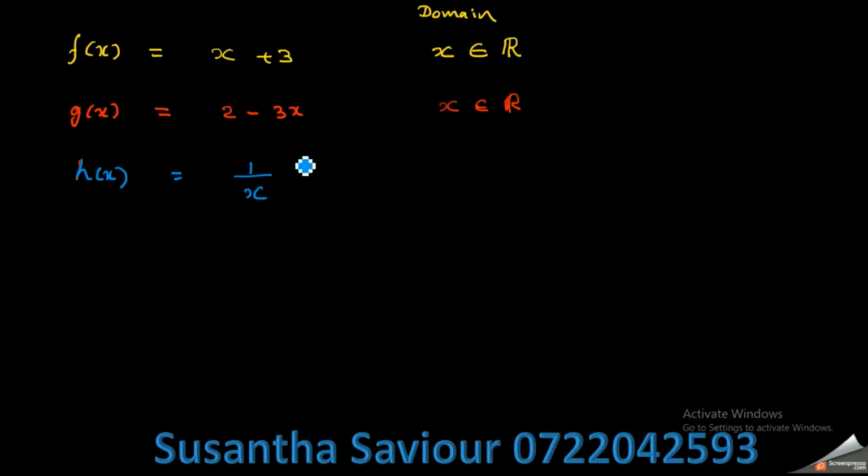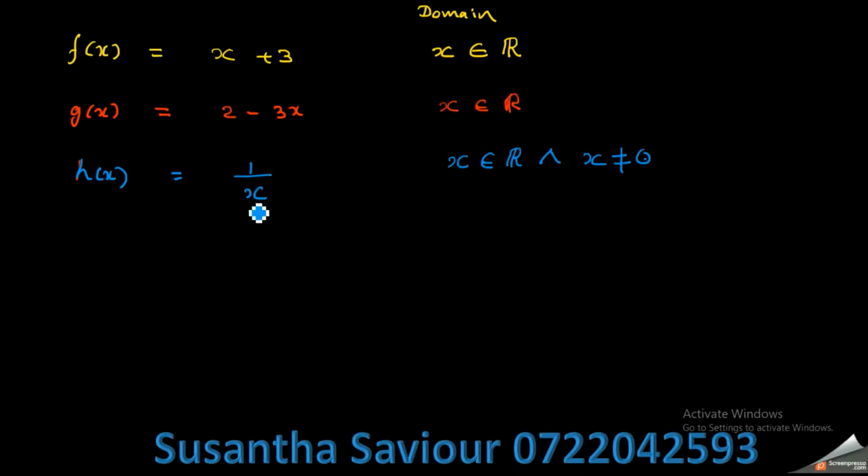Therefore if we are to define this as a function, we have to say the domain is x belongs to R. If we stop here, this will not become a function, it is wrong. And x is not equal to 0, x cannot be equal to 0. If x equals 0, we do not know what h(x) is.